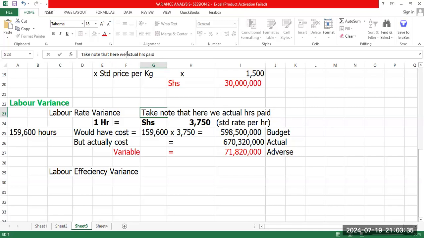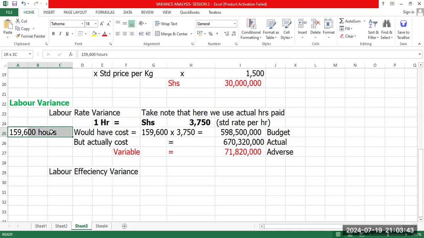The figure you pick here should be actual hours paid. Some questions you may be having actual hours paid and actual hours worked. Here what we put is actual hours paid.